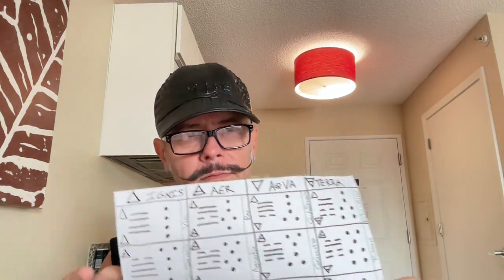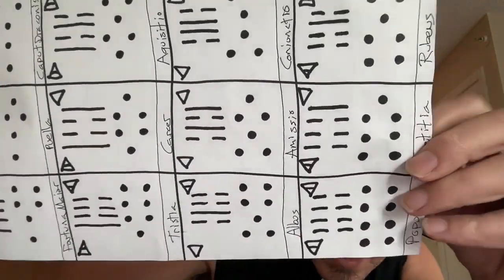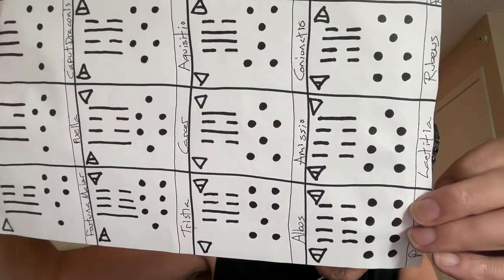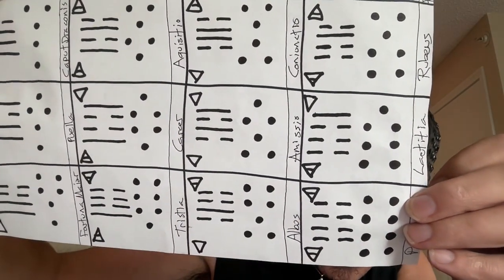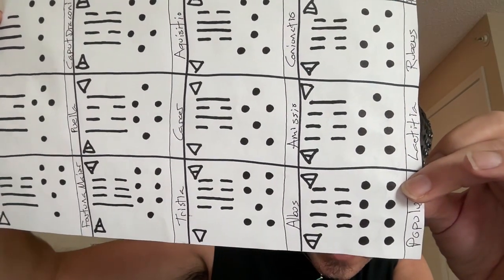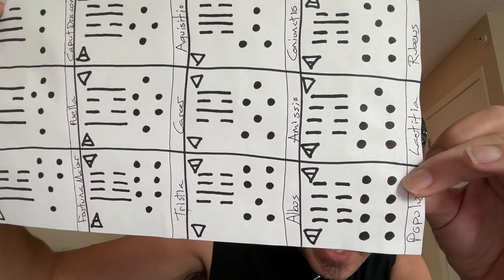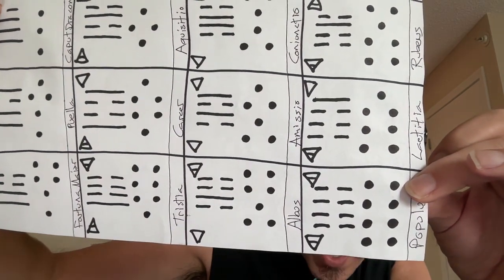We're almost done, and this Queen of Coins is Laetitia, which means, I believe, laughter. And we've got Water of Earth, Queen of Coins, Latin for joy.